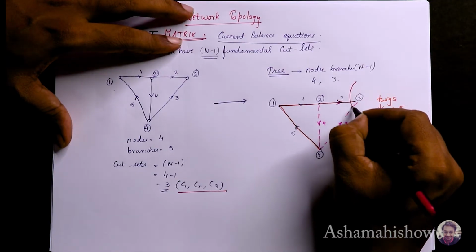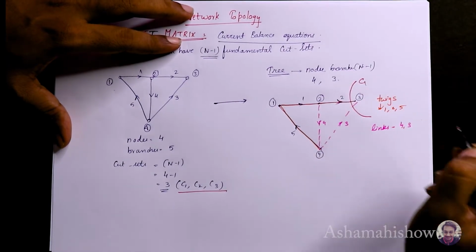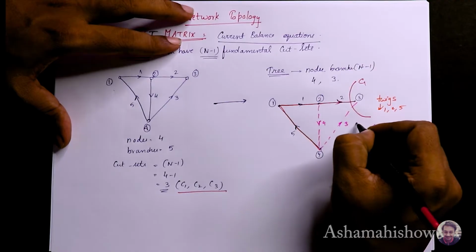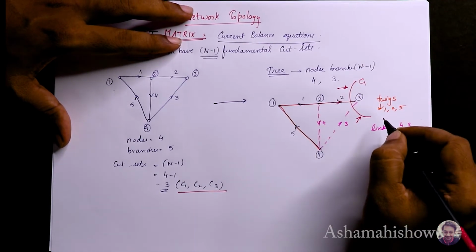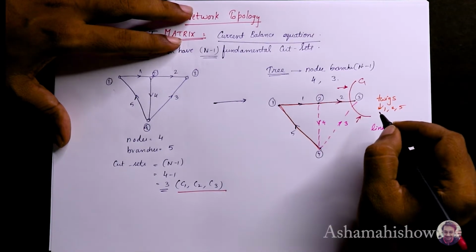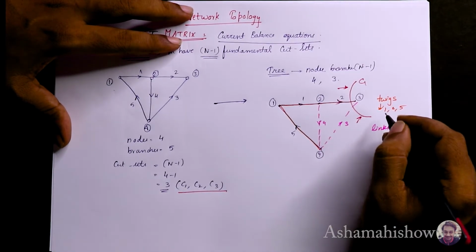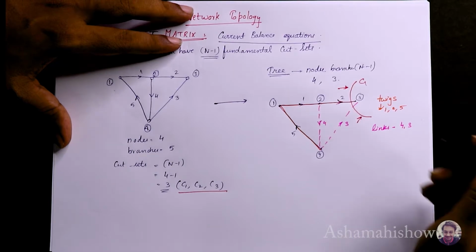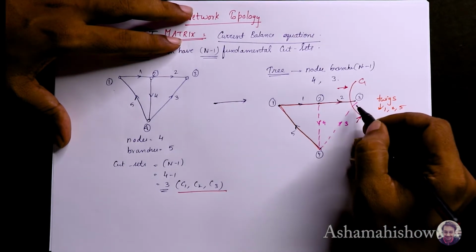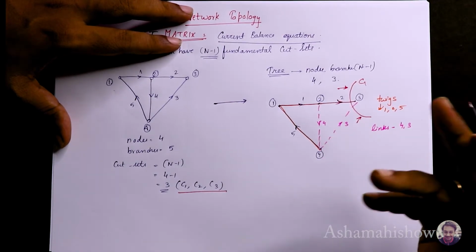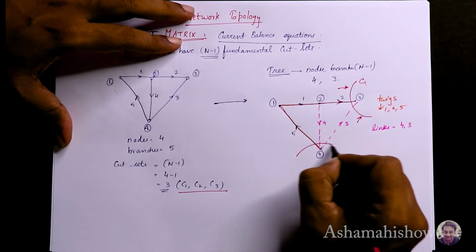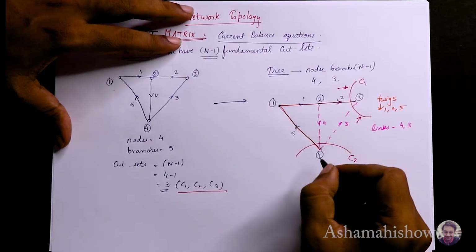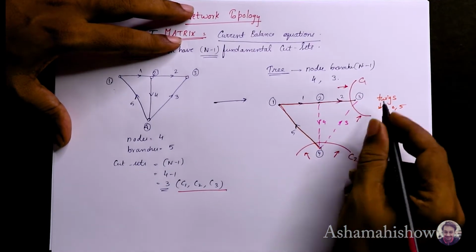So I'll make the first cut set like this, and the direction I'm making upwards, because these branches are also going upwards. Now for the second, the same direction I'll follow, like the loops also. The second I'll make along node 4, C2, and the direction is also upwards.